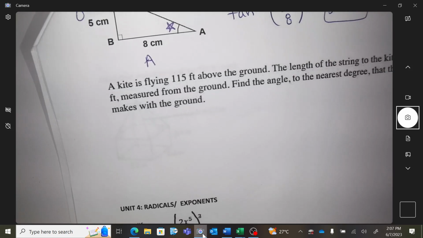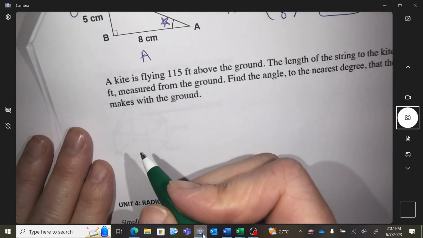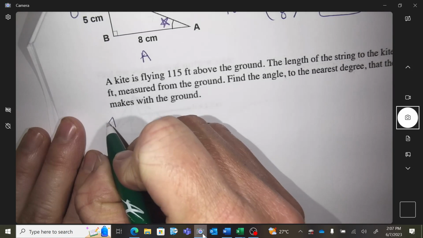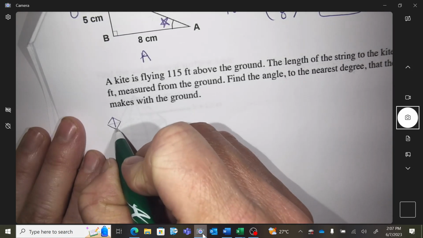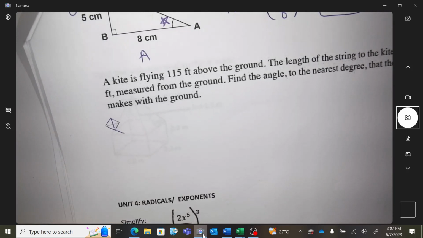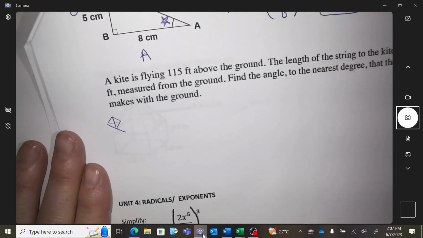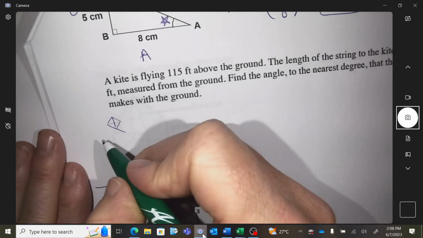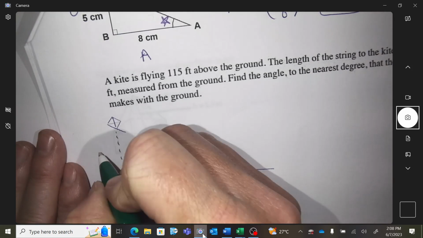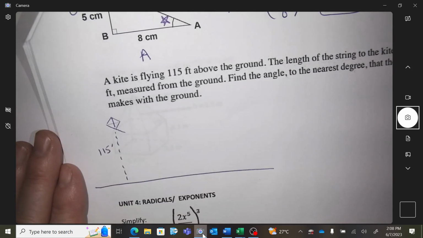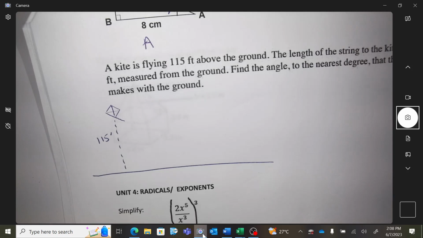Okay, last example. We have a kite. There's my kite. Here's the ground. We're 115 feet above the ground.